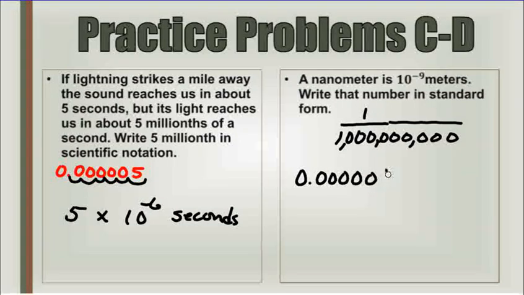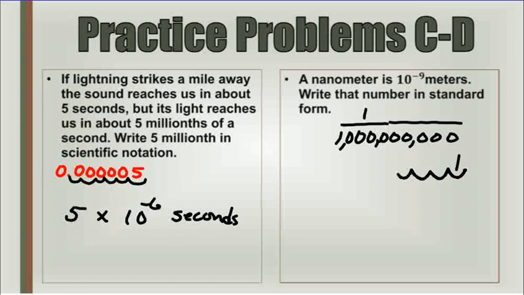I actually had that wrong. Because if we were to put this in scientific notation, let me erase that. We would have 1 here in the decimal, move it 9 places. 1, 2, 3, 4, 5, 6, 7, 8, 9.